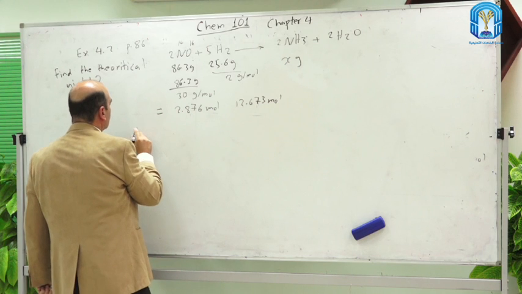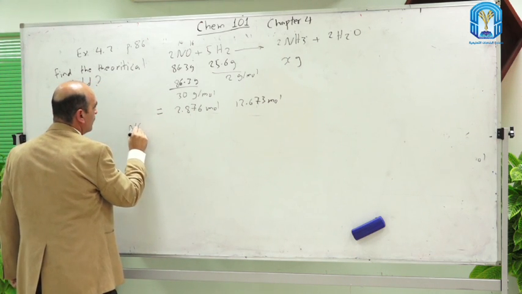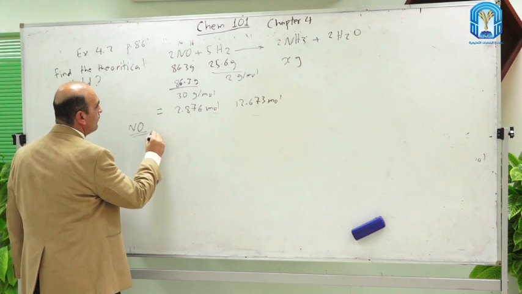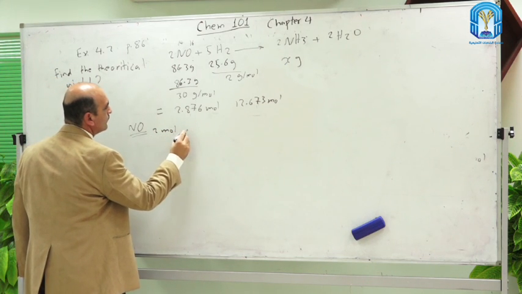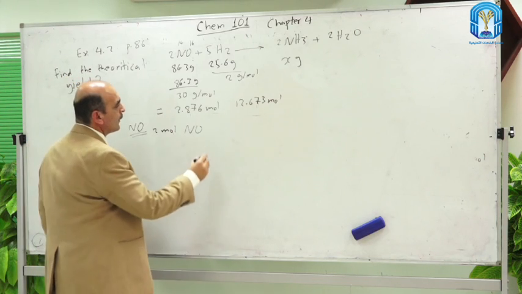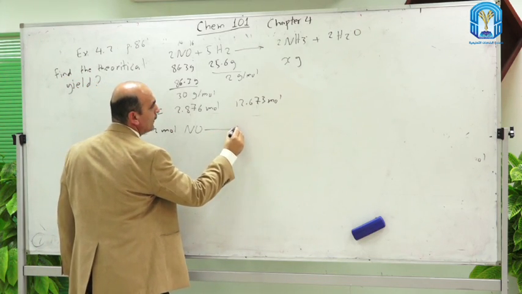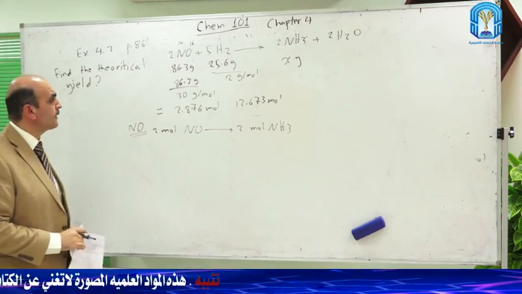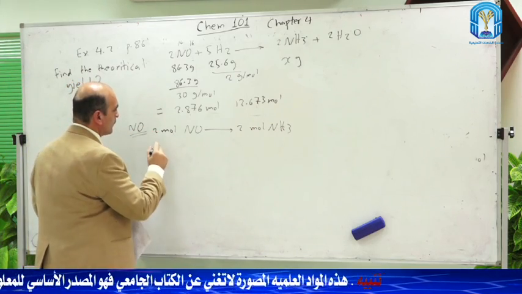So now we calculate based on NO. We have 2 moles of NO. Gives us 2 moles of ammonia. But here we have in the reaction 2.876 mole nitrogen monoxide.